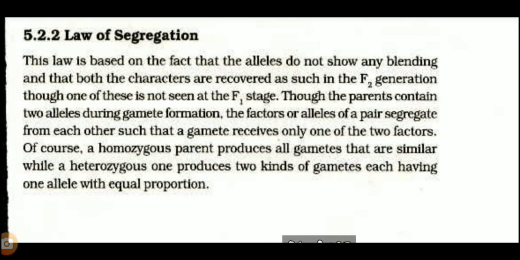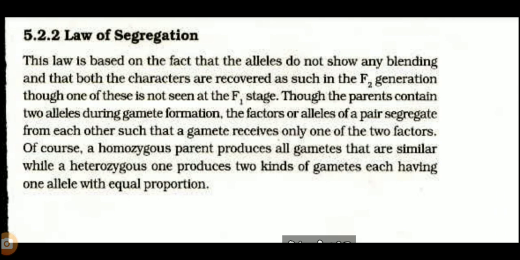What is the law of segregation? Segregation is separation. This law is based on the fact that the alleles do not show any blending, and that both the characters are recovered as such in the F2 generation, though one of these is not seen in the F1 stage.